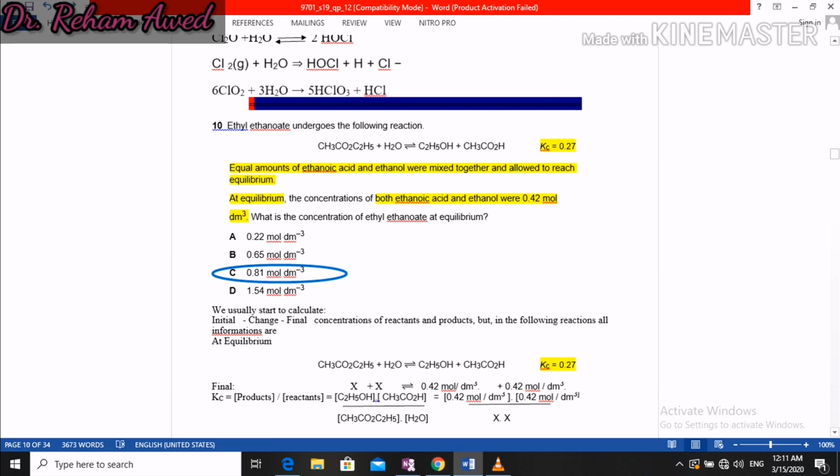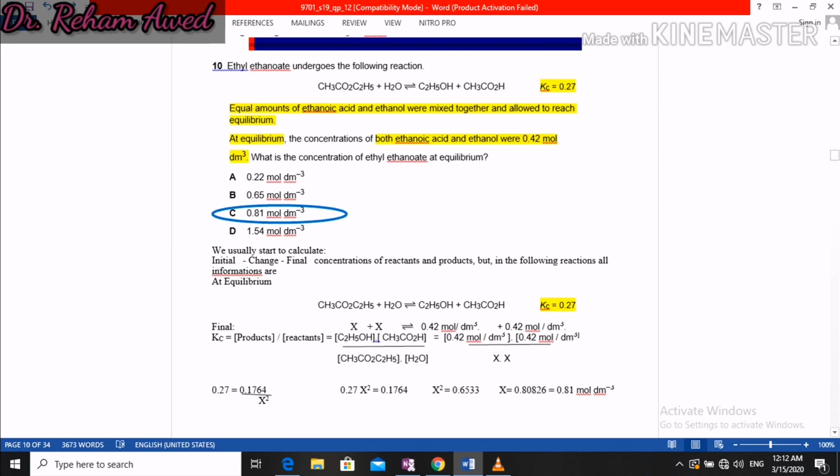So, it equals concentration of ethanol times concentration of ethanoic acid divided by concentration of ethyl ethanoate times concentration of water, equal to 0.42 times 0.42 divided by x squared.